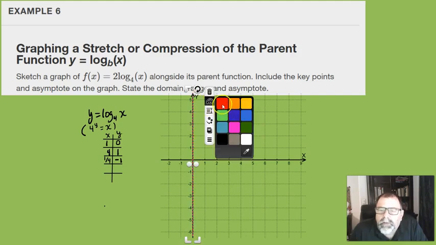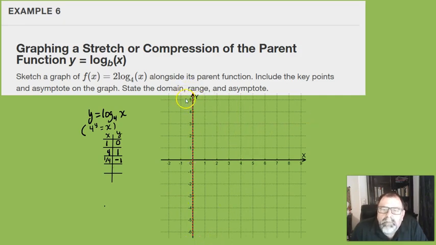At vertical asymptote, x equals 0. It's our vertical asymptote. And then we have, let's see, the domain's going to be negative infinity to infinity.